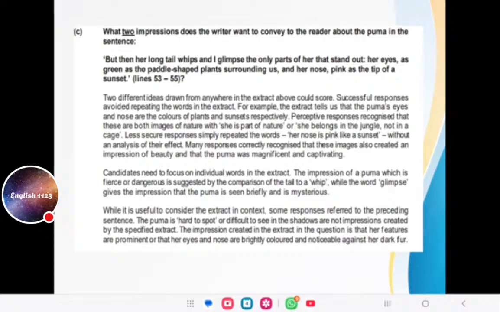And the final thing about the impression question is that in that extract, sometimes 5 to 6 impressions are available.